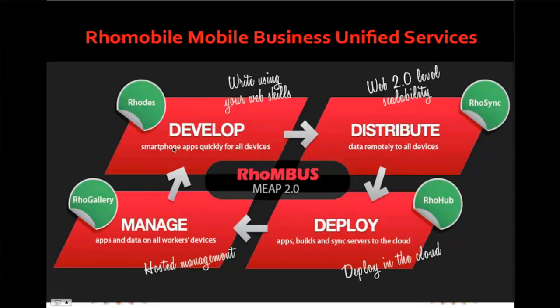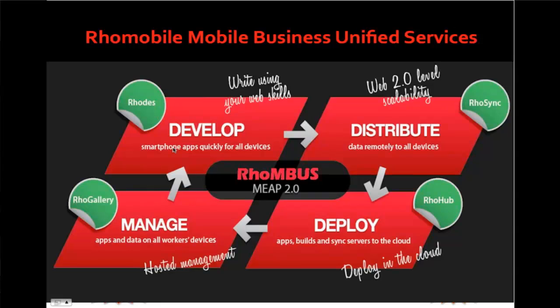The unique thing about Rhodes is that it lets you write using your web skills. We have RhoSync, which lets you distribute data remotely to all devices. And of course, the unique thing about RhoSync is, versus other sync servers, Web 2.0 level scalability, mostly by using the NoSQL database that we have internally.